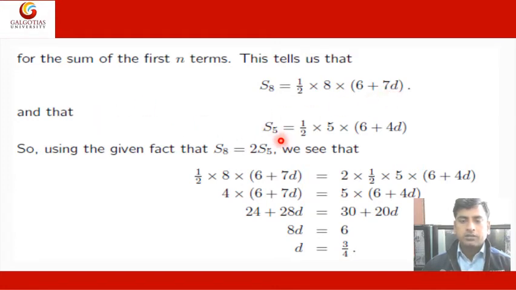And S5 equal to 1 by 2, here n is 5, so 1 by 2 into 5 into 2a, that is 2 into 3, plus n minus 1, that is 5 minus 1, 4d. So using the given fact that S8 equal to 2 into S5, we will put here the value of S8 and S5. So we will have an equation in d. So on simplification we will have 8d equal to 6, that means d equal to 3 by 4. So the common difference is 3 by 4.